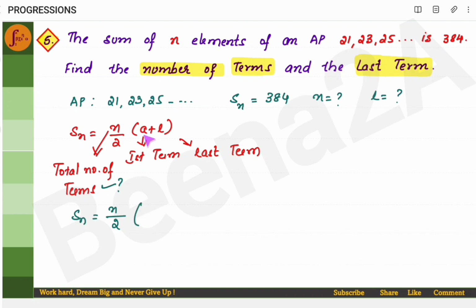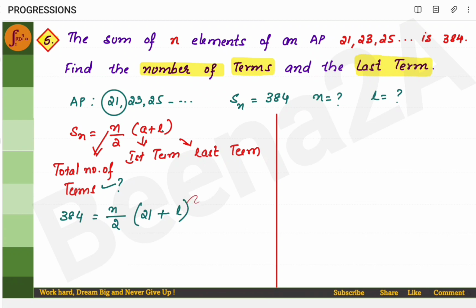First term we know: first term is 21. Plus last term, which we don't know, so let's leave it as L itself. The sum is given as 384, let's substitute it. To find n, we need to get the value of L. Without L, we cannot find the value of n.